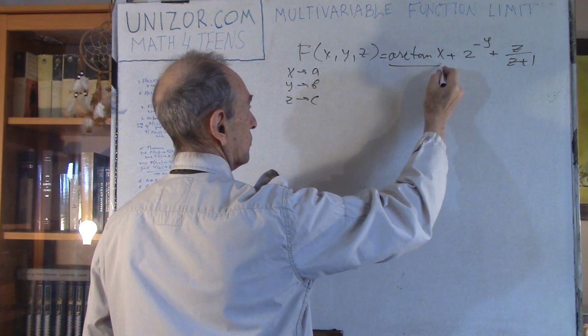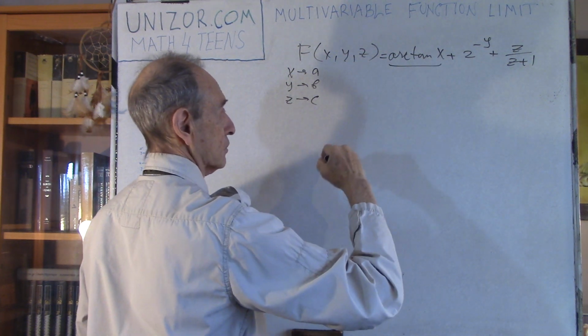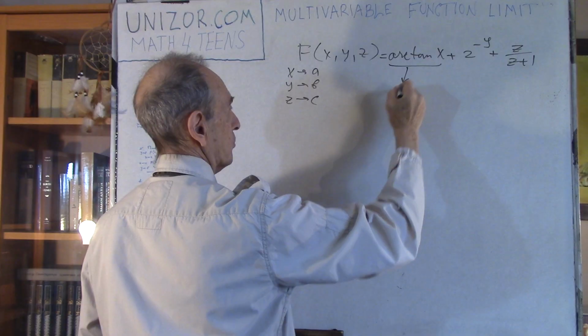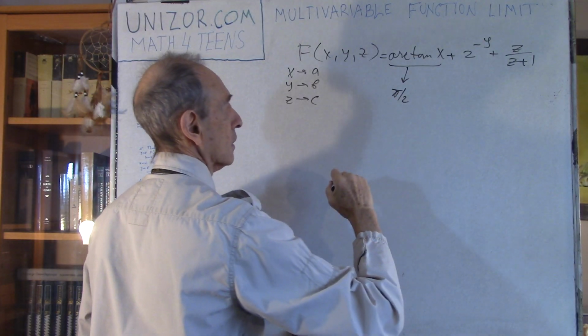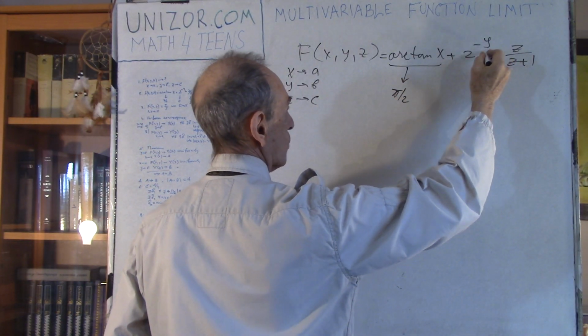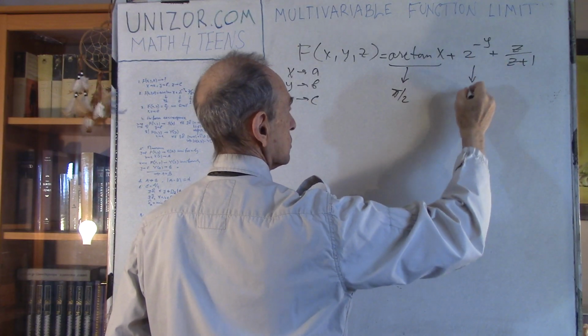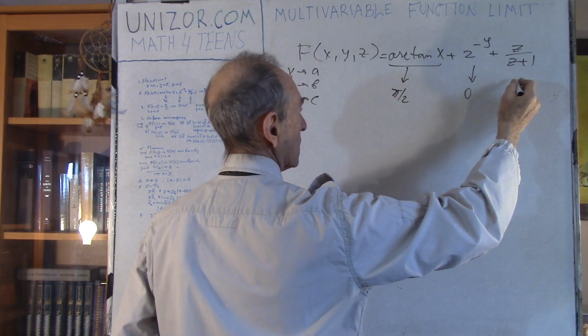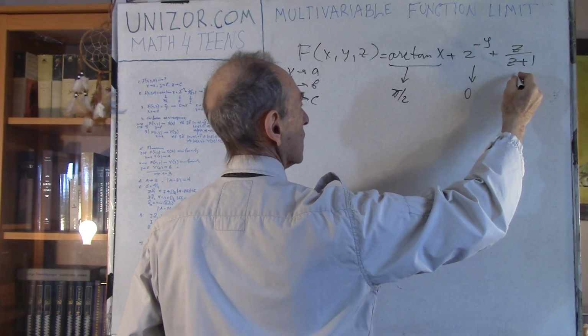Well, arctangent by itself, if you go to infinity, will go to pi over 2. Now this minus y goes to minus infinity, so this goes to 0. And z over z plus 1, if z goes to infinity, that would be 1.